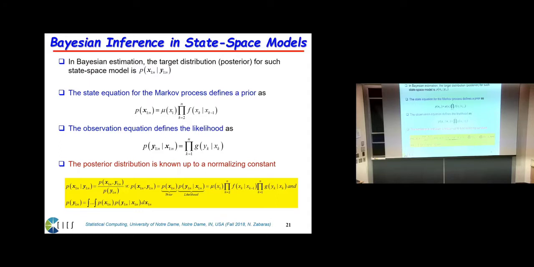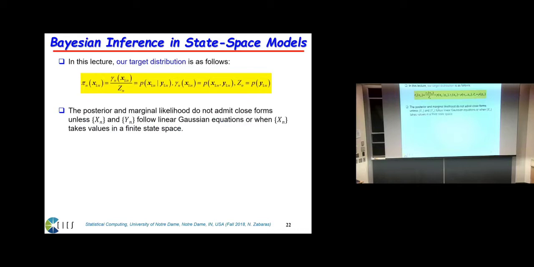All right, so let me put some notation. This is the notation we're going to use for the posterior of the states from 1 to n, and pi is defined by this term here. So we don't need to carry explicitly all the observations y from 1 to n.